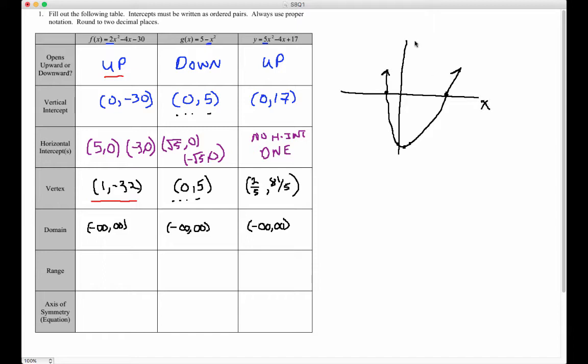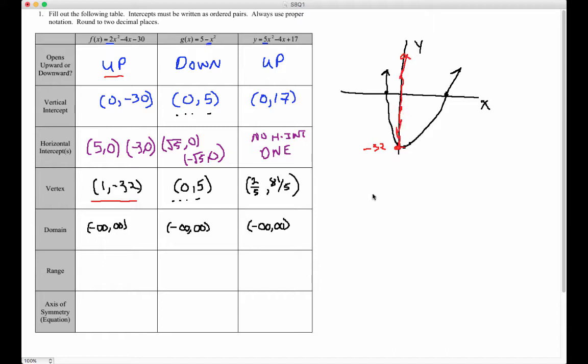What that tells me is that my domain goes from -infinity to +infinity. We can see that on here, but also my range is going to start down here at -32, closed dot on the y-axis, and it's going to be everything up that way.